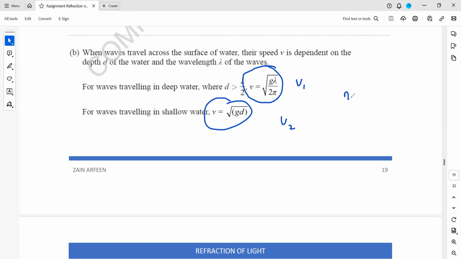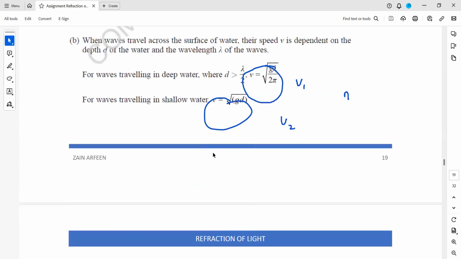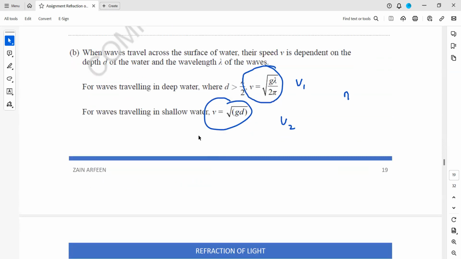Then you will use a formula with n1 and the other values. The angle of incidence is given, and we need the angle of refraction. We have the formula n1 v1 equals n2 v2, or we can say n1 over n2 equals v2 over v1. This is one formula.